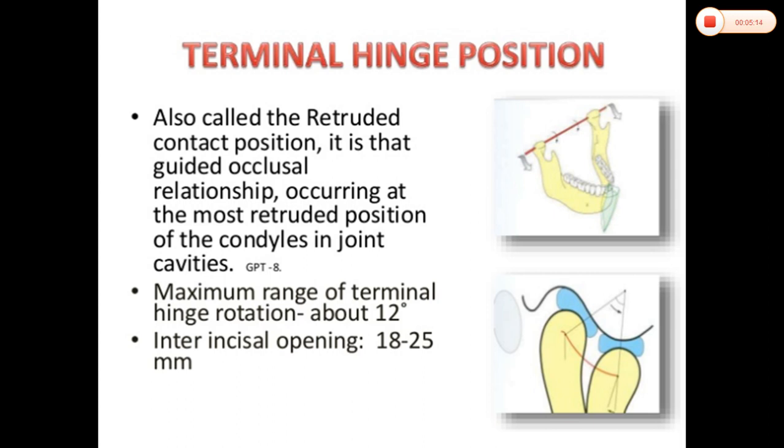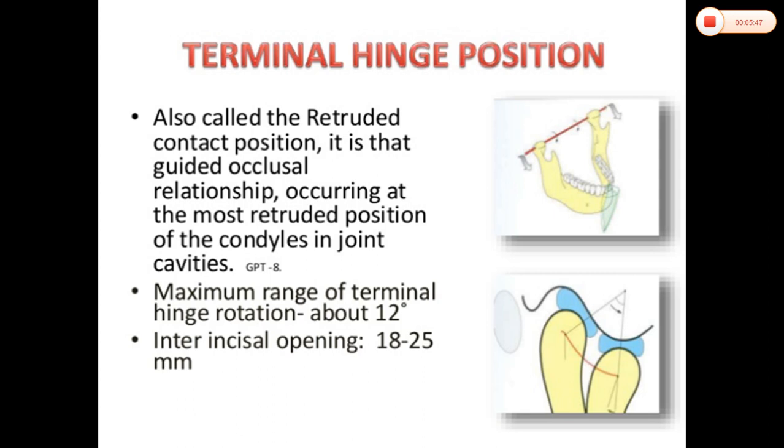These are the measurements around which a pure rotation of the mandible happens. Beyond that, the condyle is going to travel along the inclines of the articular eminence, and you're going to see a translatory motion happening.